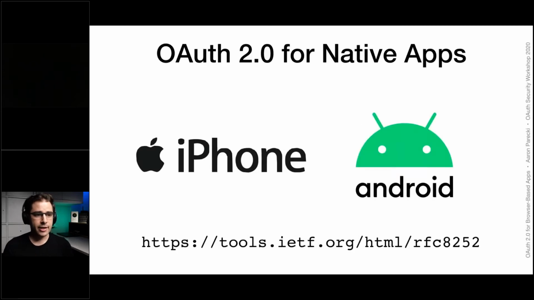there's been OAuth 2 for native apps for a while now, and that draft was written as mobile platforms started becoming more mature, more widespread, and it became clear that there were some unique things about mobile platforms that don't exist in a web context of traditional web apps running on an HTTP server.